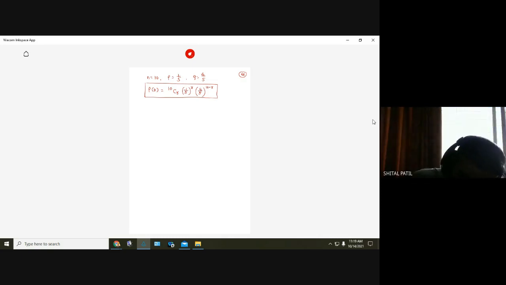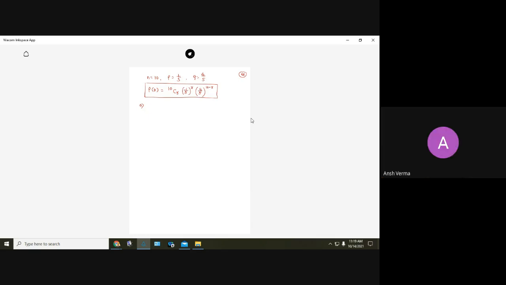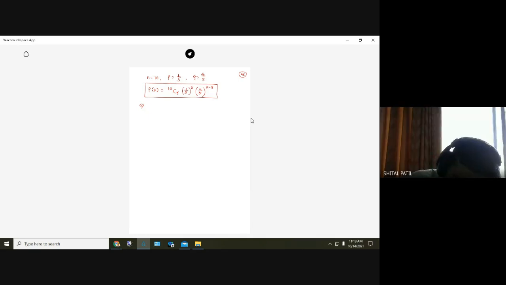Now we'll start with the A part. See what the A part is. Probability that exactly 2 persons suffer from COVID-19.